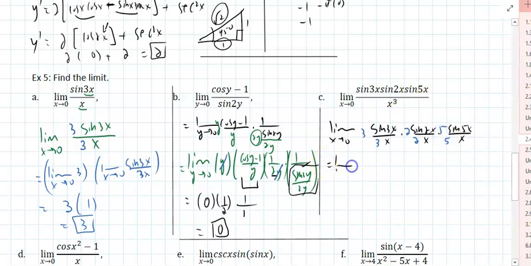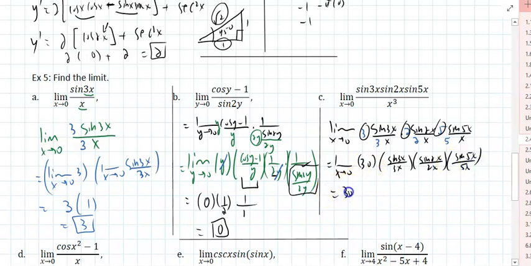And this turns out to be the limit as x approaches 0 of 3 times 2 times 5, that is 30, times the sine of 3x over 3x times the sine of 2x over 2x times the sine of 5x over 5x. Now I could say that's 30 times 1 times 1 times 1, which is 30.